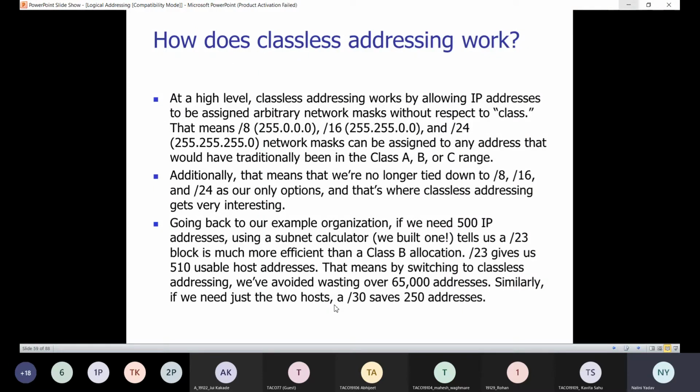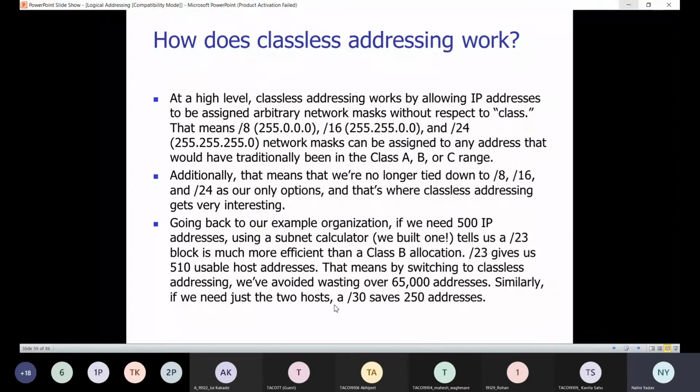Now you would have understood that the /8, /16 or /24 I have written represents the network part. These network masks can be assigned to any address that would traditionally be in class A, B, C. So this was related to classful addressing. Now in our classless addressing, it is not tied to /8, /16, /24.